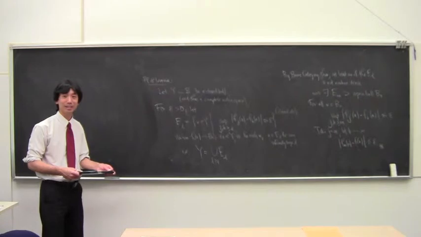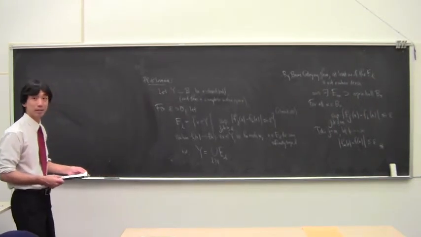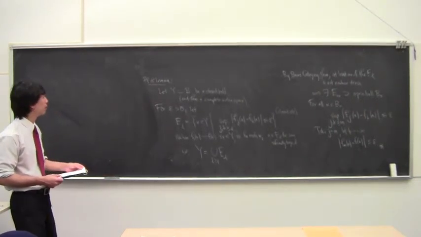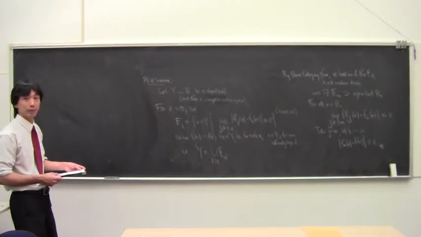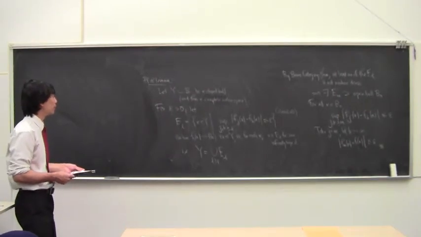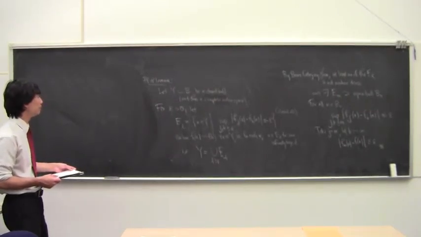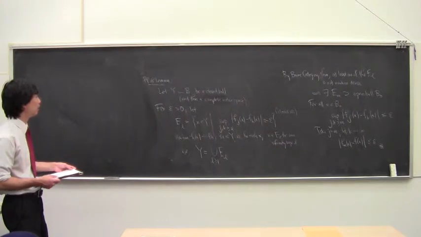Yes. You don't need the image to be the complex numbers, do you? Like, it's fine for real numbers. Metric space. Oh, well, let's look for an arbitrary metric space. I think so.